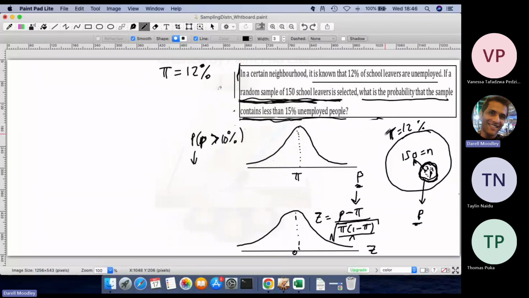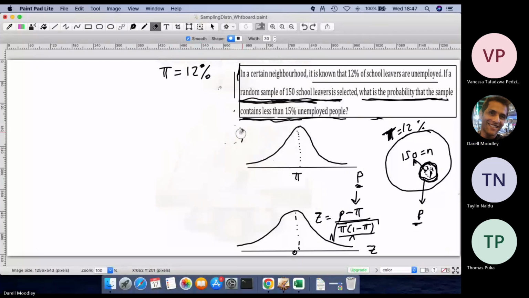The percent unemployed in the population, the neighborhood, is pi, and that's 12%. So they're asking us to find the probability of P less than 15%.